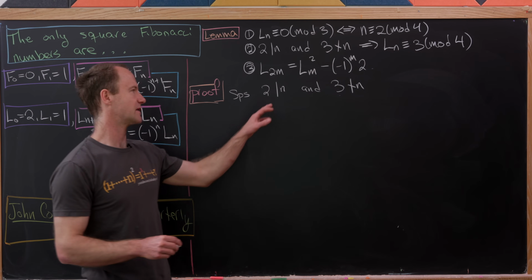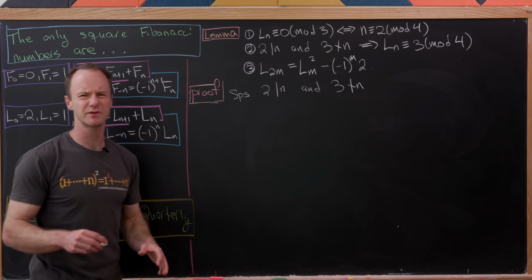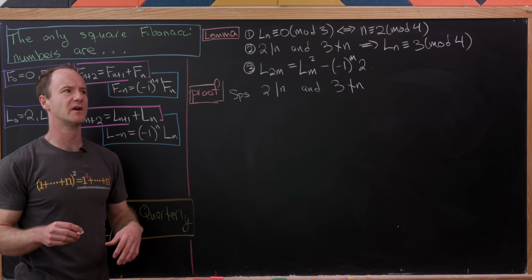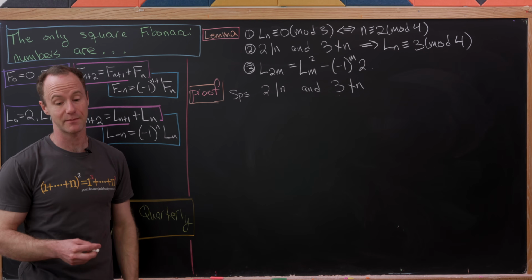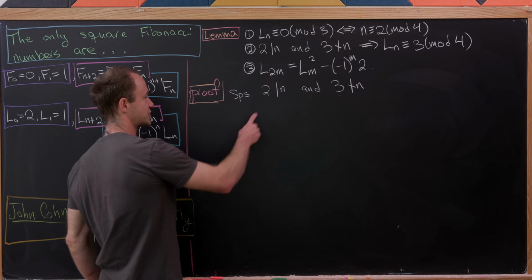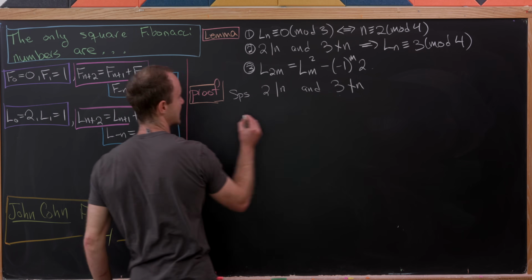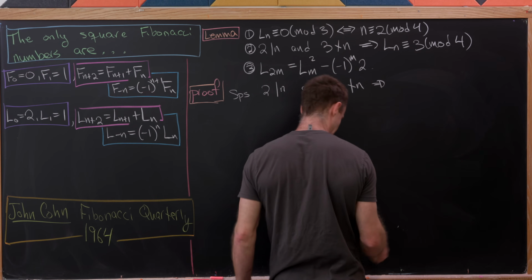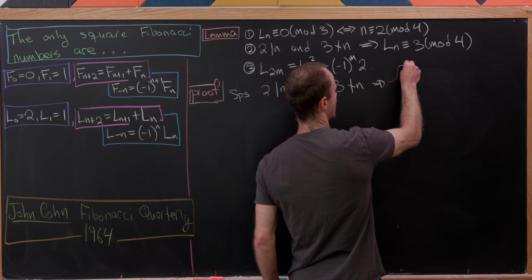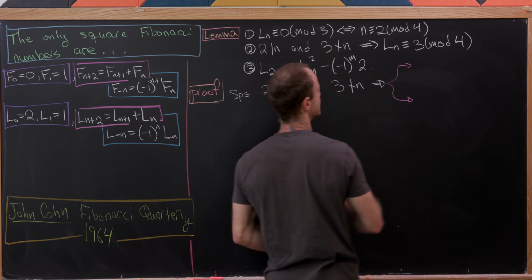But the fact that we're talking about dividing by 2 and 3 means we should probably be working with numbers of the form 6k plus something. And so if we have this set up, 2 divides n, but 3 does not divide n, that somewhat logically splits into 2 cases.